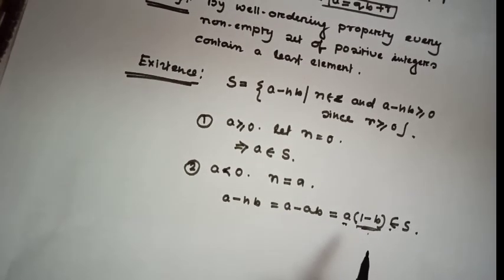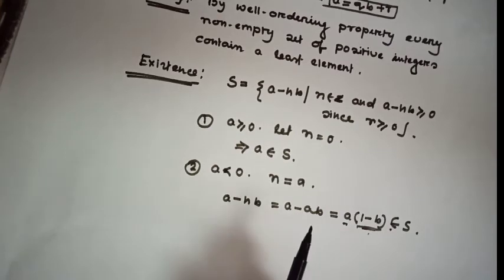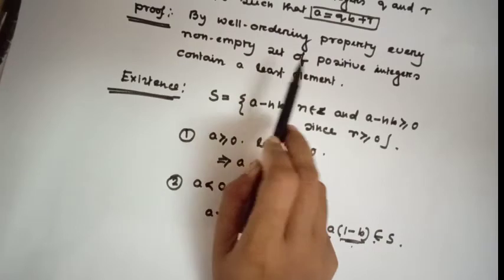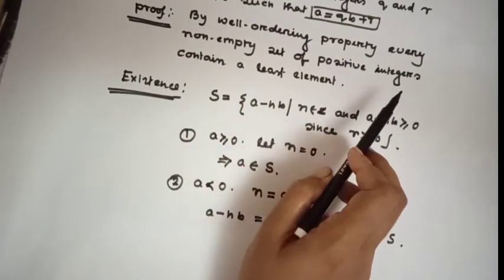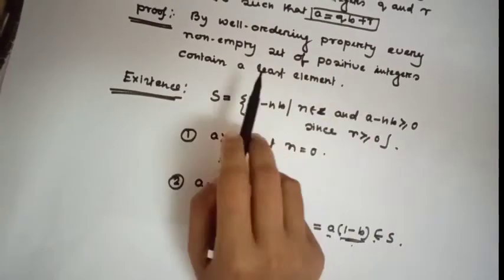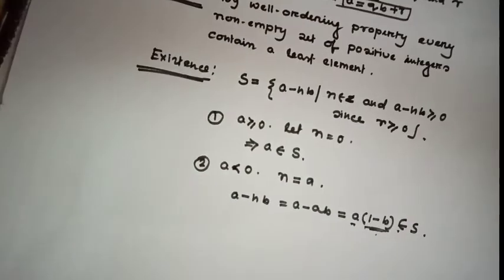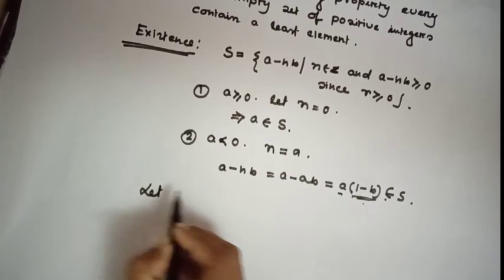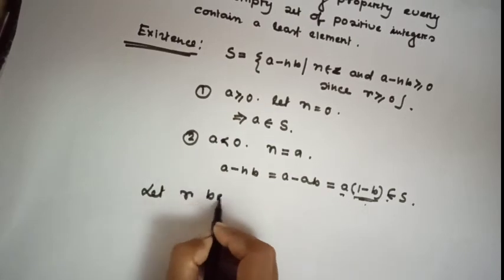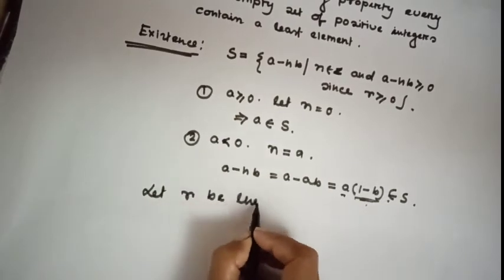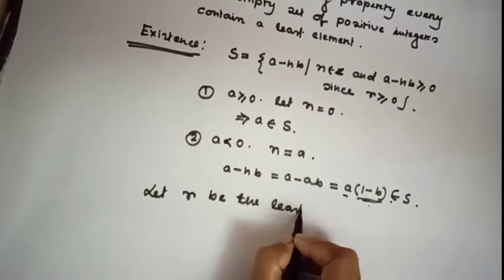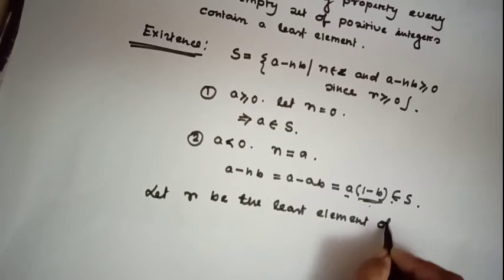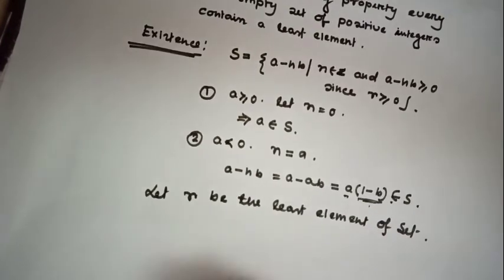That means S is non-empty. Then by the well ordering property, every non-empty set of positive integers contains a least element. So by the well ordering property, let R be the least element of the set.